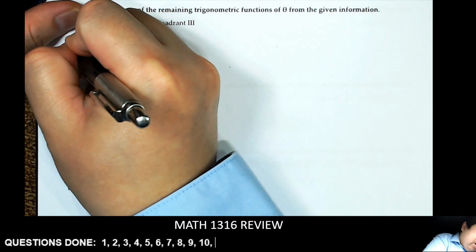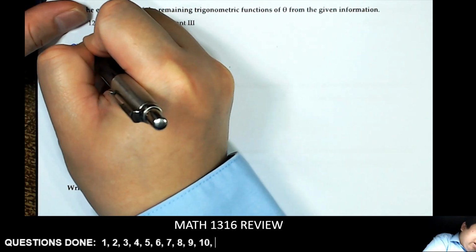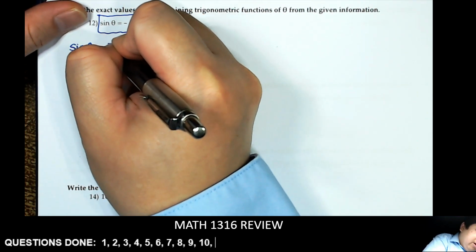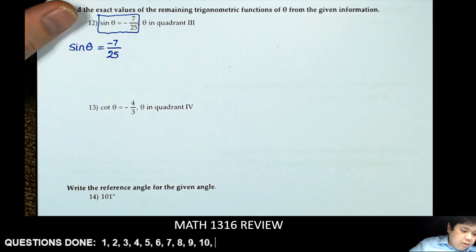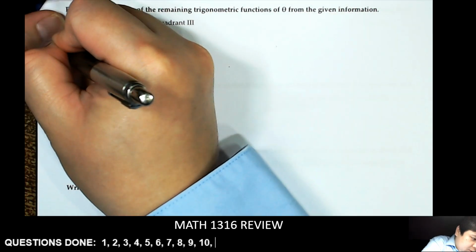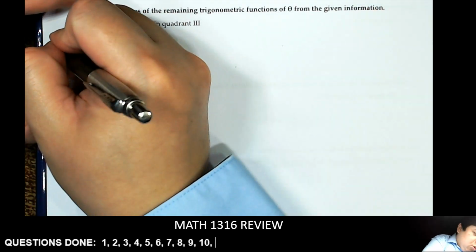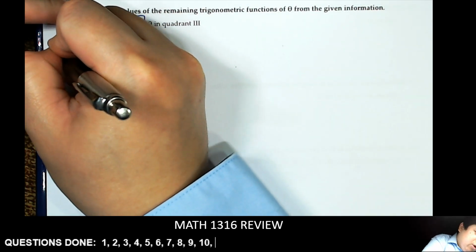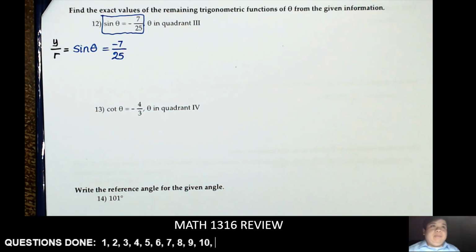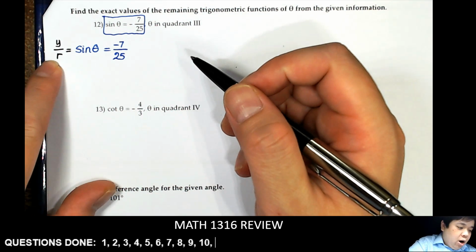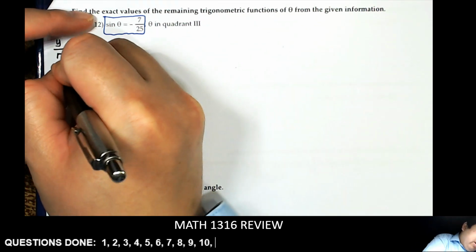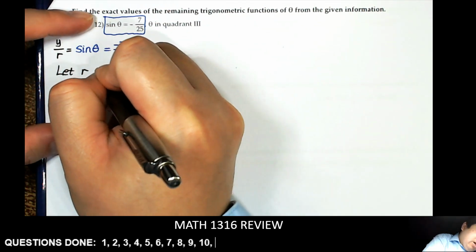So we write sine is equal to negative 7 over 25. Sine is y over r. We have to know those ratios. Next, since r has to be positive, we can say r is equal to 25. So we say let r equal 25.